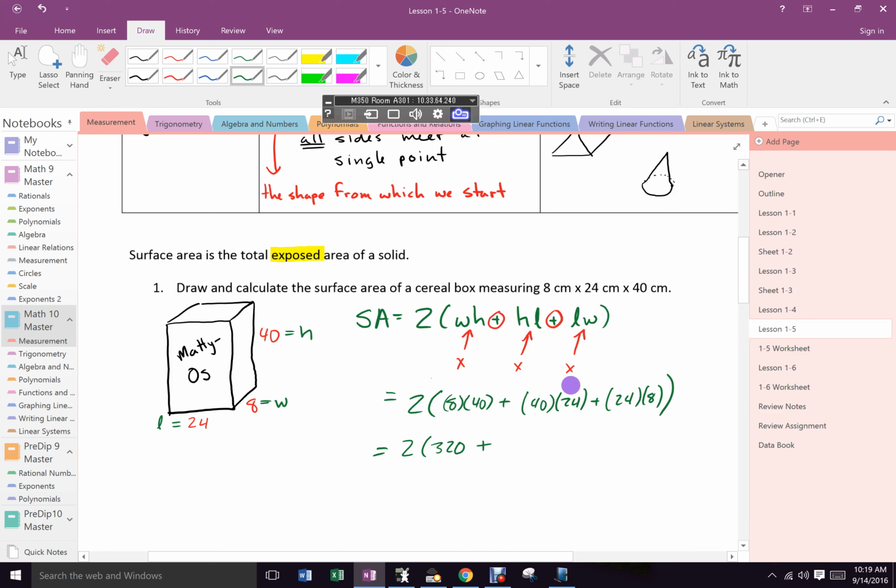It's 960. Plus, 24 times 8 is 192. Then add that up. Then times by 2. Everybody try that with your calculator. Tell me what you get so I can make sure everybody can make their calculator work with the easiest calculation we're doing in this unit.